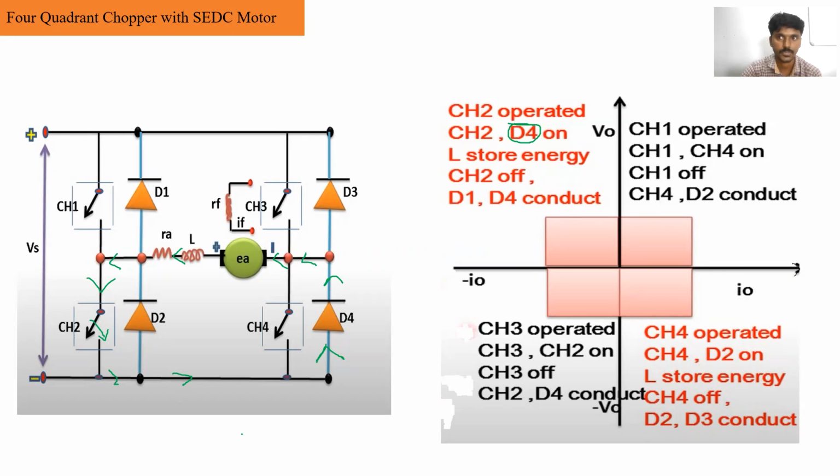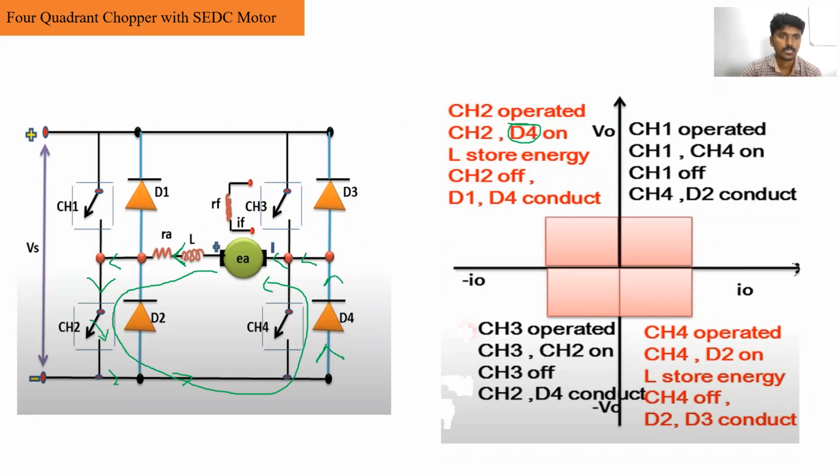Hello? Yes, sir. Okay. So when CS2 is closed, the current flows in this direction, the reverse direction, through CS2, D4, and then to the load.